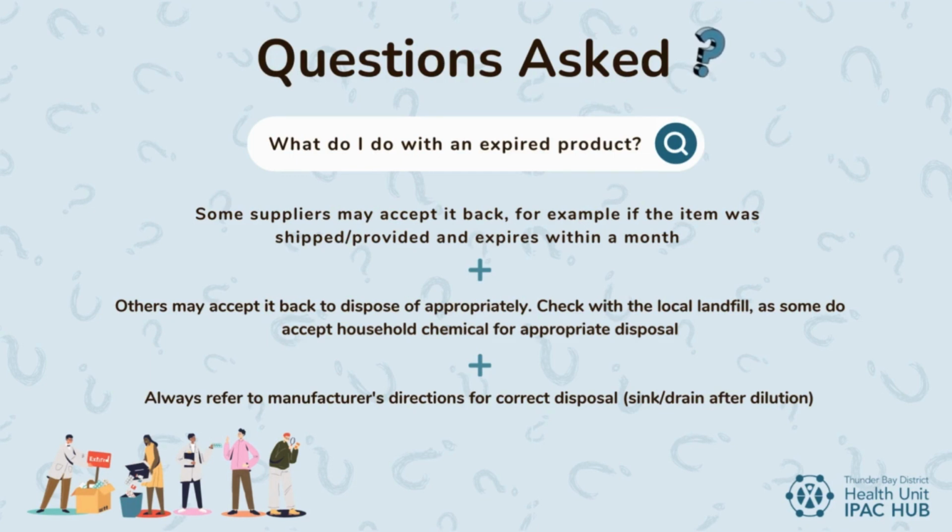It's important to check with the local landfill as well, as some do accept household chemicals for appropriate disposal. If none of those options work, then you can refer to manufacturer's direction for the correct disposal of the expired product, for example, whether it can go down the sink or drain after dilution.